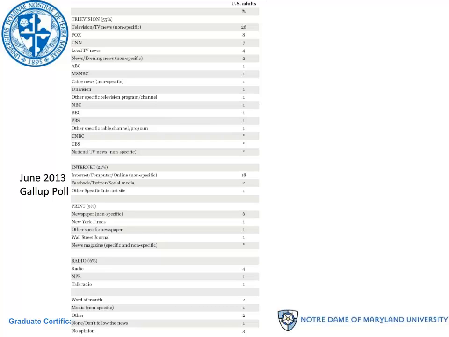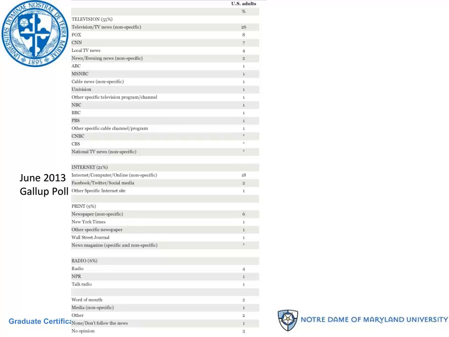Print media, newspapers provide 6% of the news for folks. Specific papers, the New York Times and the Wall Street Journal, come in for 1% each. Other specific newspapers were named for 1%.